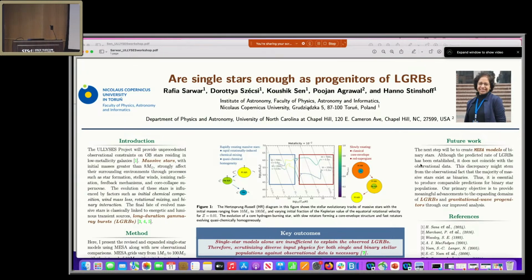In the program, there's a list of 6 poster presenters who are supposed to come do the poster pop today. If you can just come here and give your elevator speech.